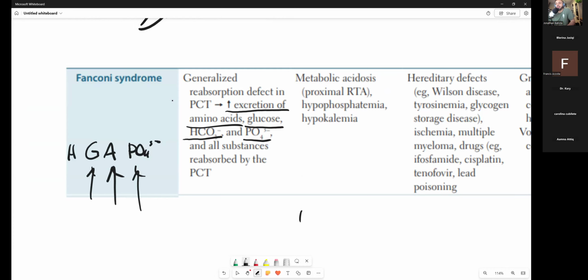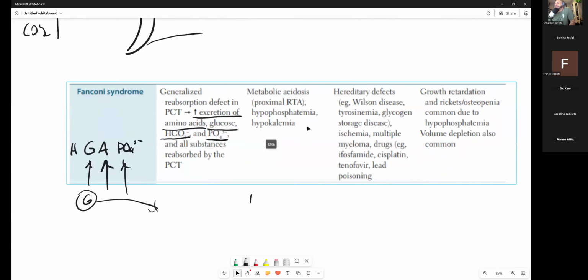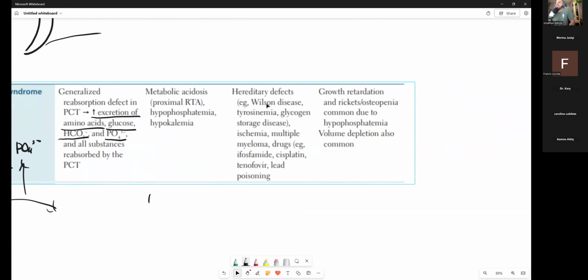It can oversaturate the channel, and then you'll have glucose found in the urine. But yes, they can tell you hereditary defects, Wilson's, glycogen storage disease. Got it. Nice. Vmax. What about Vmax, the glucose?